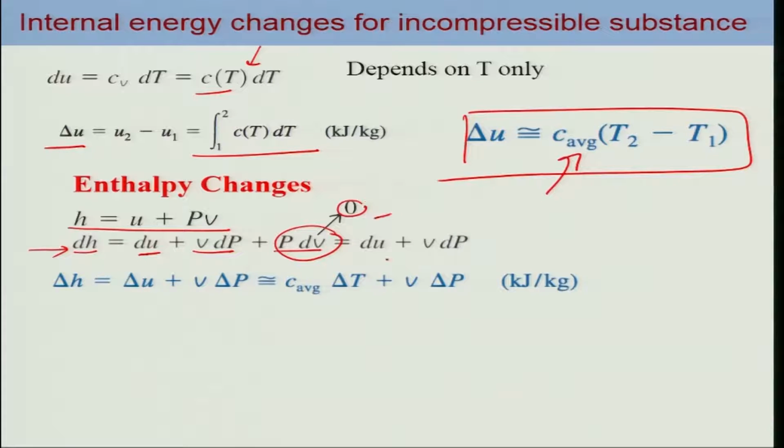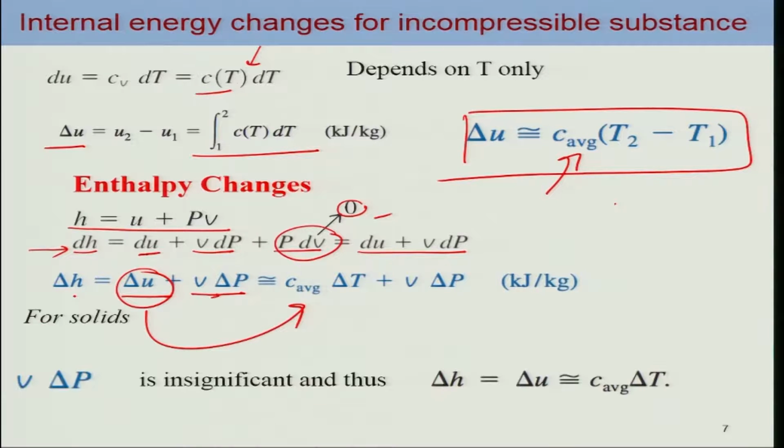So what remains is dU plus V dP. Now you can integrate this to get your delta U and V dP. We'll talk about V dP later, but delta U you can replace by C average delta T as an approximation. So this would be your enthalpy change for an incompressible substance.